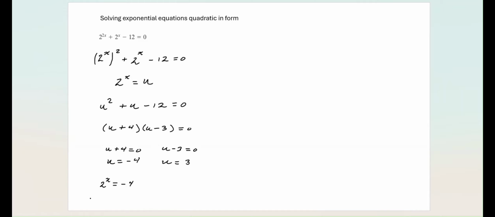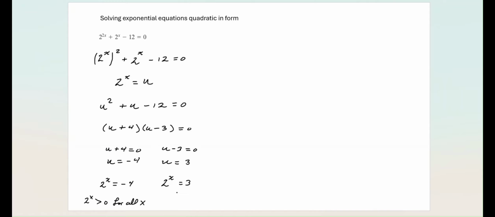Because 2 to the x is greater than 0 for every x, so it doesn't give you any solution. The other one, you have u equals 3, so you substitute u by 2 to the x. So you get 2 to the x equals 3.